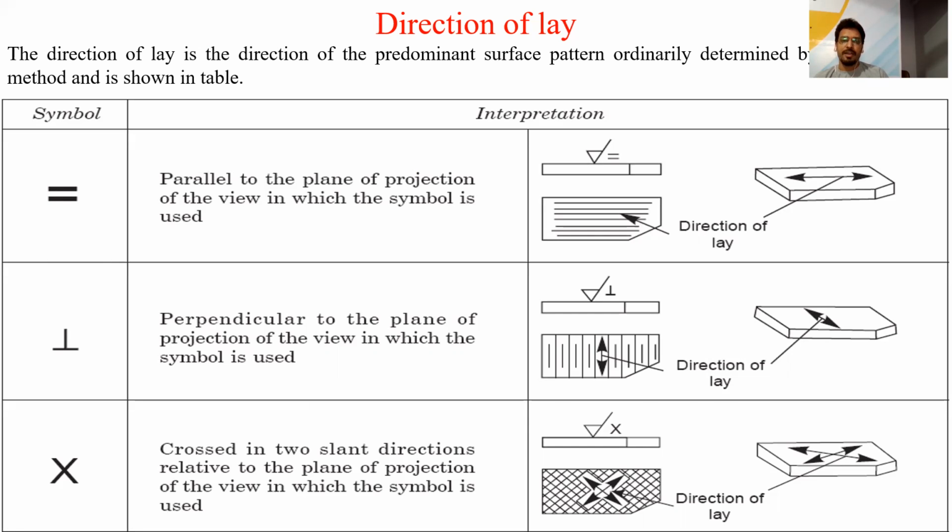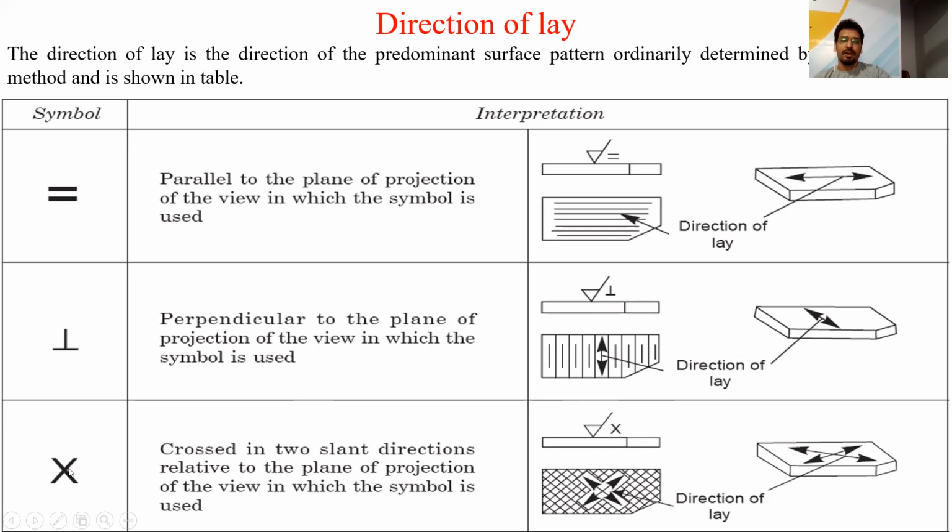Perpendicular lay is the lay perpendicular to the plane of projection of the view in which the symbol is used. Let us suppose this is the surface and the tool will move in this direction, perpendicular to the surface. So this type of lay is called perpendicular lay, and this symbol indicates perpendicular lay.